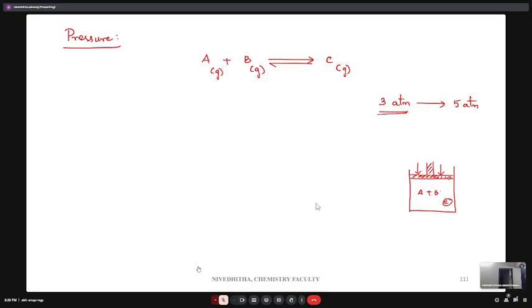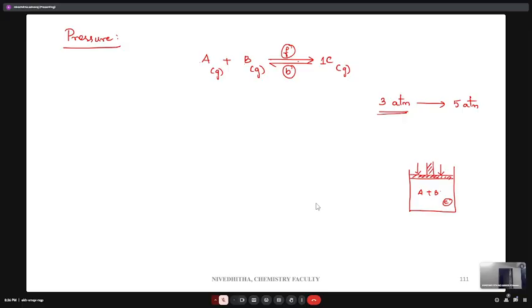According to the example given, if the reaction is moving in the forward direction, then here 2 moles of reactant are getting converted into 1 mole of the product, right? So in this forward direction, the number of moles of gaseous species is decreasing. And in the backward direction, 1 mole of C is getting converted into 2 moles of A and B, right? So in the backward direction, the number of moles of gaseous species is increasing.